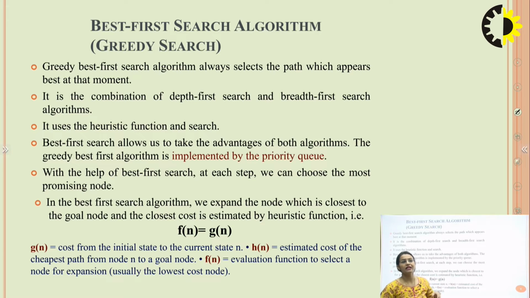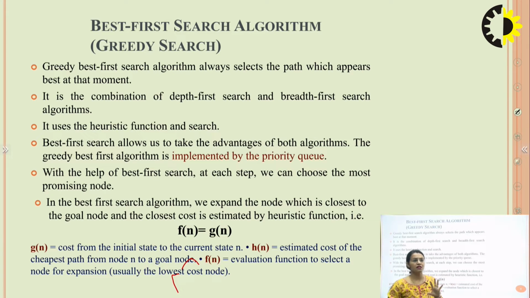This search is basically a combination of DFS and BFS that we have previously studied in the uninformed searches. It uses a heuristic function in the search, and allows us to take the advantages of both DFS as well as BFS.